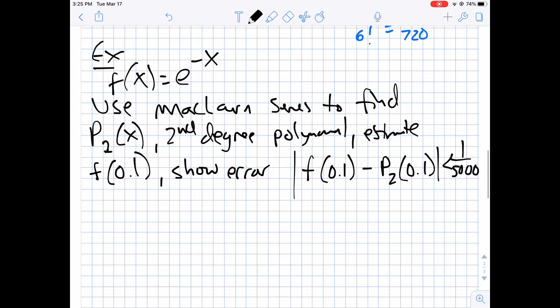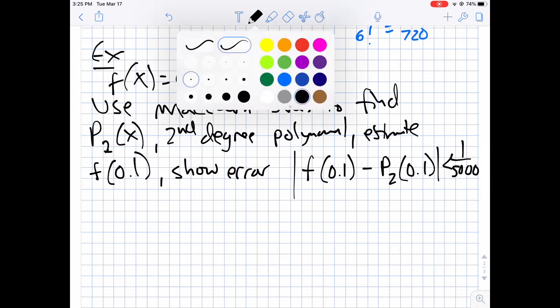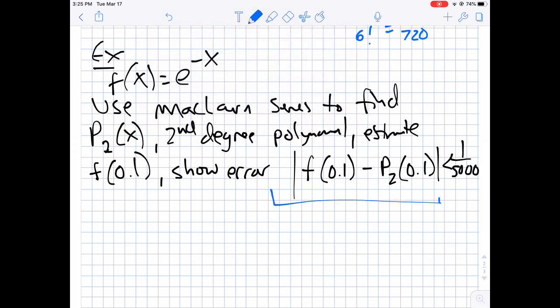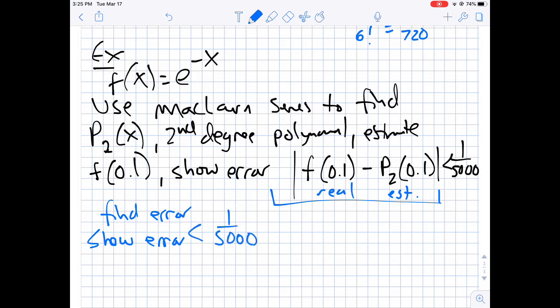Okay, so we saw this kind of notation. We're not plugging into this. This is the difference between the real value minus the estimate value. So this is your error. So you're going to find the error, and you're going to show that that error is smaller than 1 over 5,000.